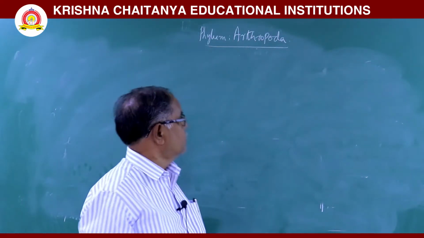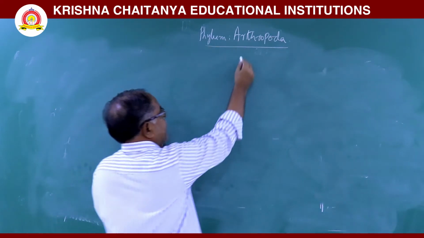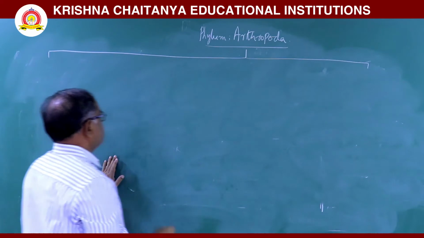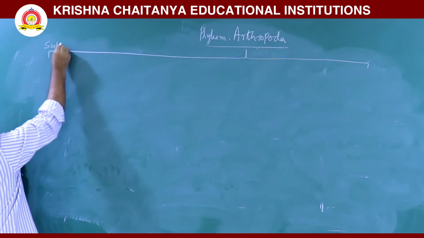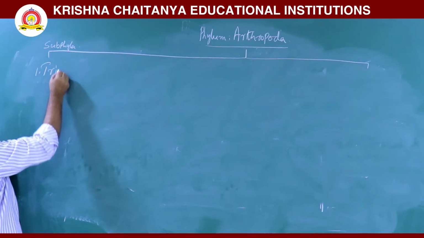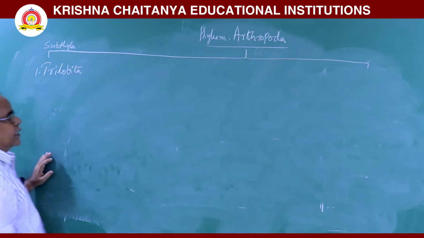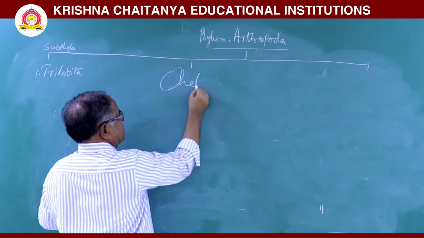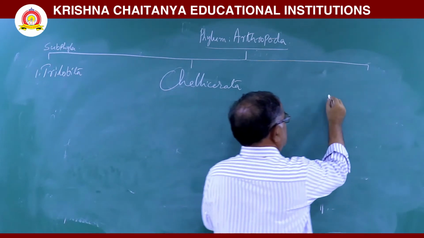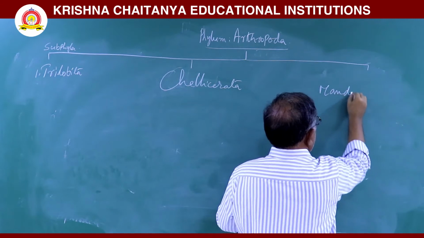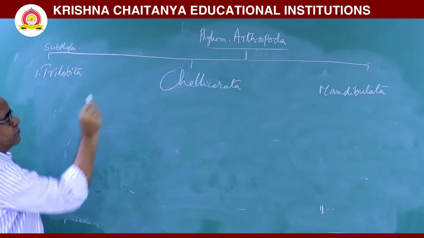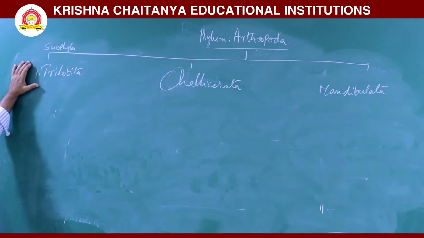Classification of phylum Arthropoda. The phylum Arthropoda is further classified into three subphyla.